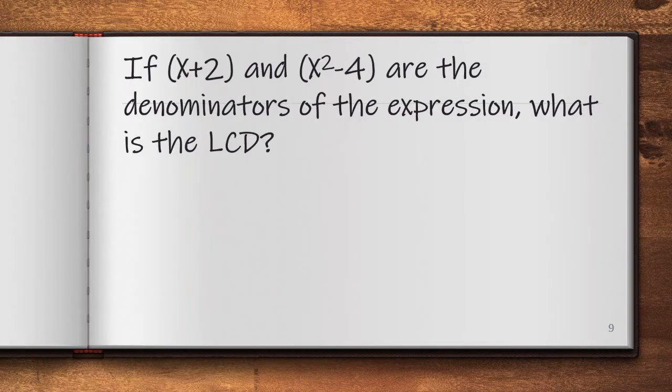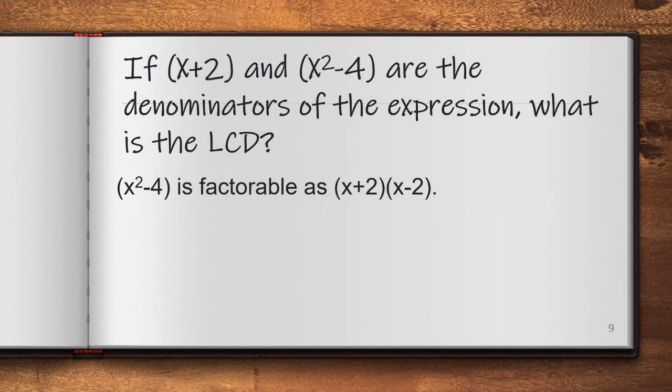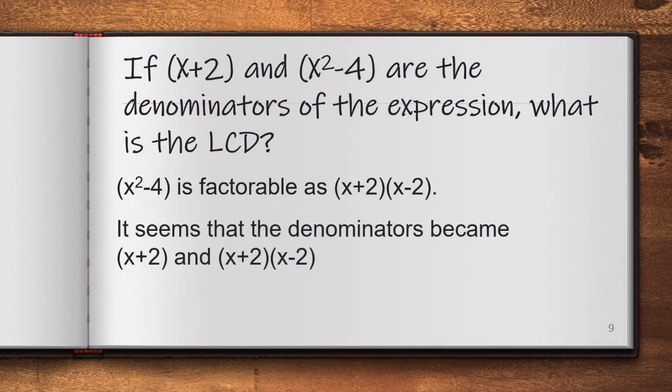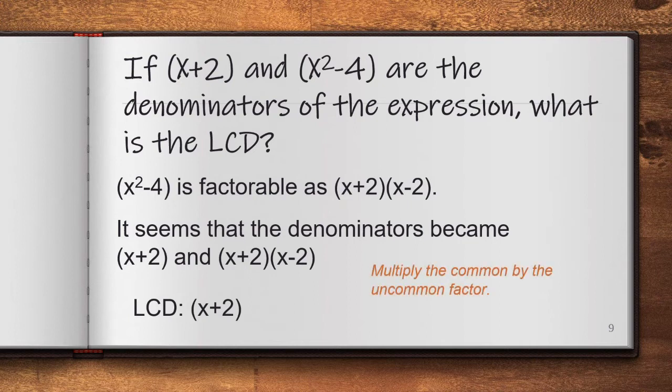Next, if the binomial x plus 2 and the binomial x squared minus 4 are the denominators of the expression, what is the LCD? X squared minus 4 is factored as the product of x plus 2 and x minus 2. It seems that the denominators became like that. So x plus 2 is a common factor, and we will multiply this by the uncommon factor x minus 2.